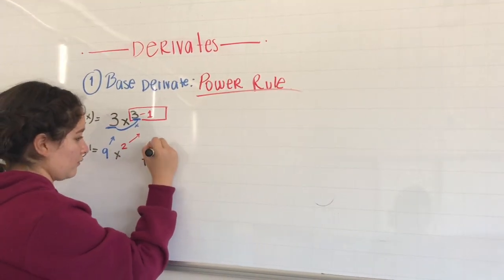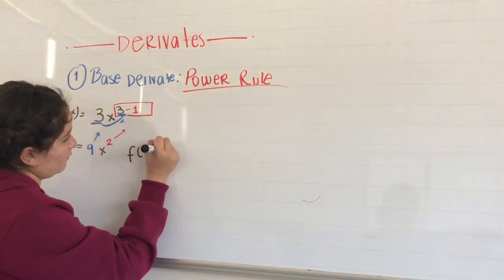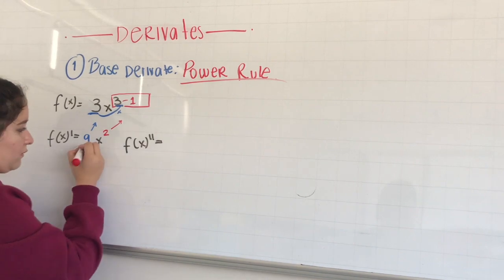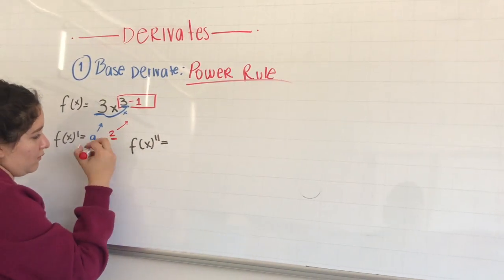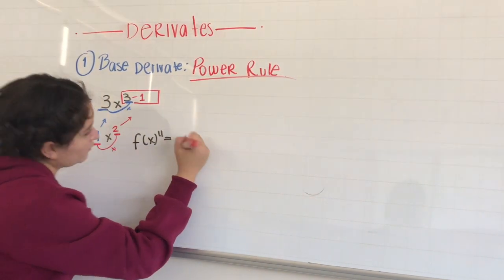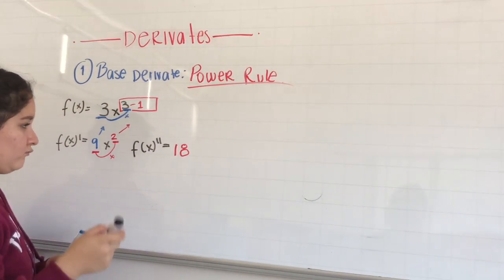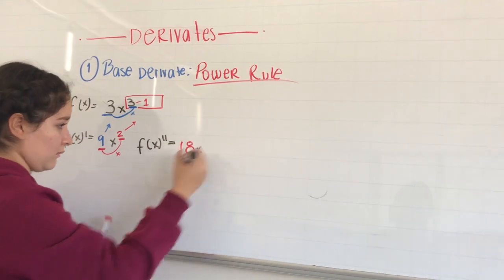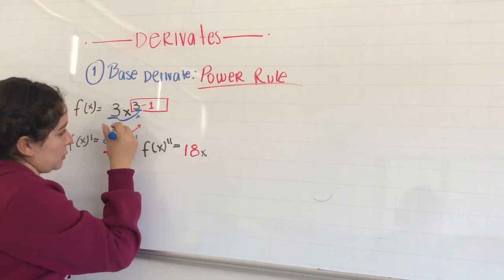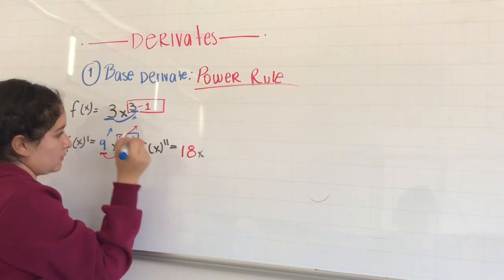But then, if they ask you for your second derivative, what you're going to do is exactly the same process you did to derivate the first time. And this doesn't apply only for the power rule, but for every rule we're going to see next. So 9 times 2 is 18, and 2 minus 1 is 1, which you don't put exactly.